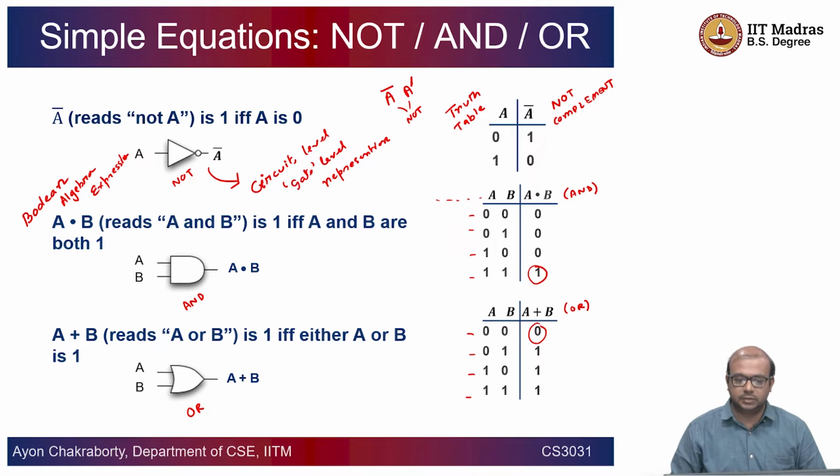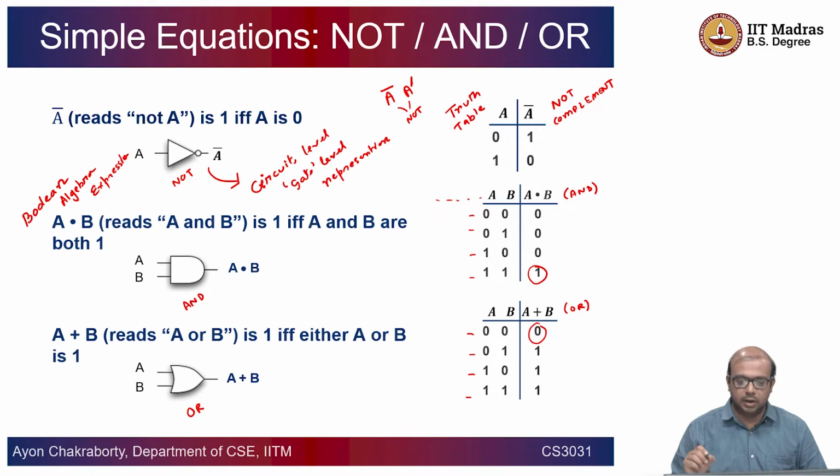So just to review, we are going to have these three basic Boolean algebra functions. One is this NOT or complement. Often it is read as a bar or not a. If a is 1, then a bar is 0 and vice versa.